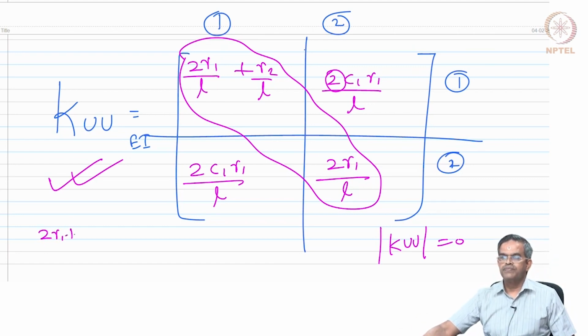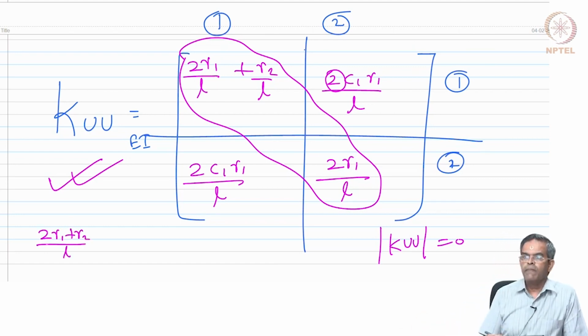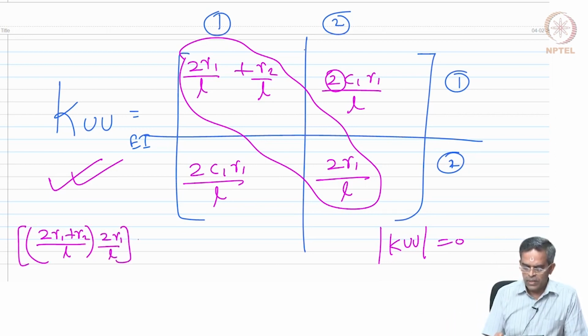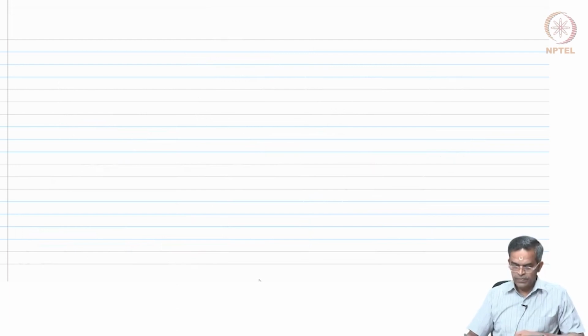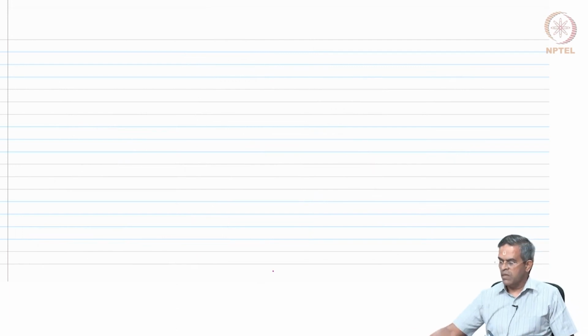So, I should say (2R1 plus R2) by L into 2R1 by L minus (2C1 R1 by L) the whole square should be 0. Am I right? Okay. This is what I must get.